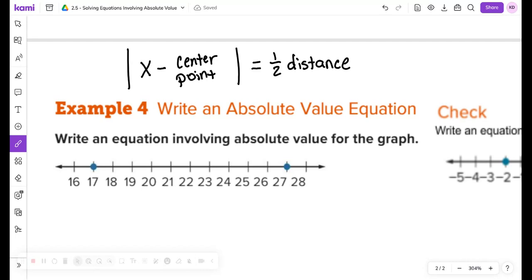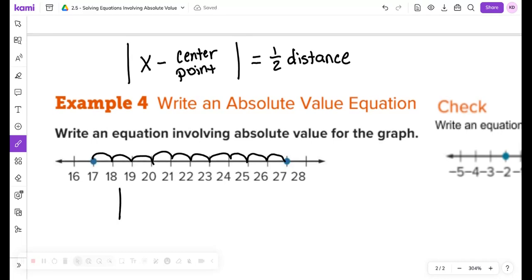If I look here, I'm going to count. I have 1, 2, 3, 4, 5, 6, 7, 8, 9, 10. So my distance is 10. So I have x minus something equals half of my distance, which is 10.